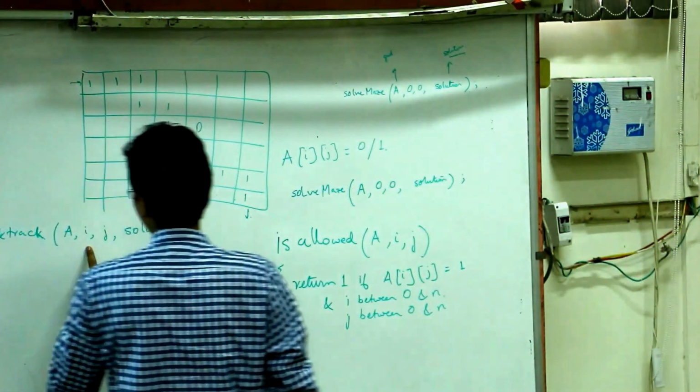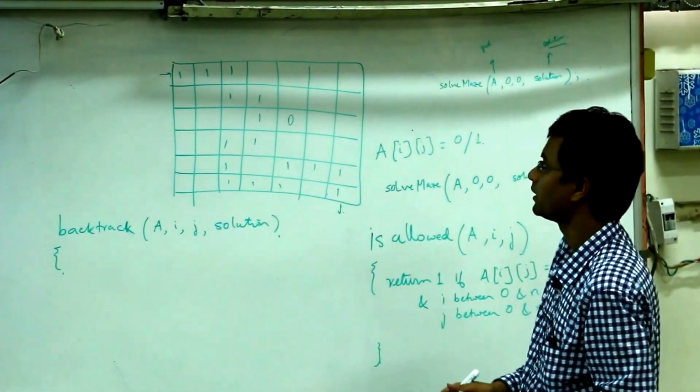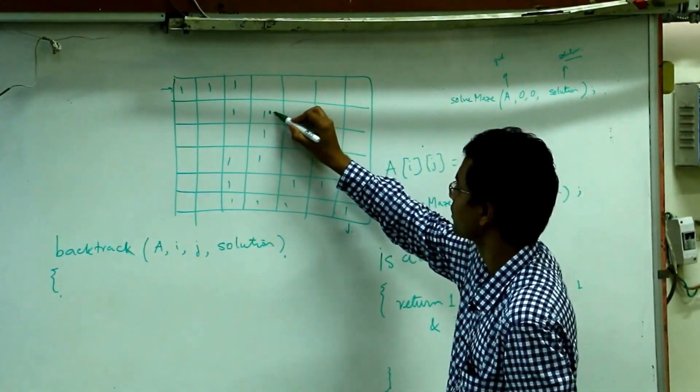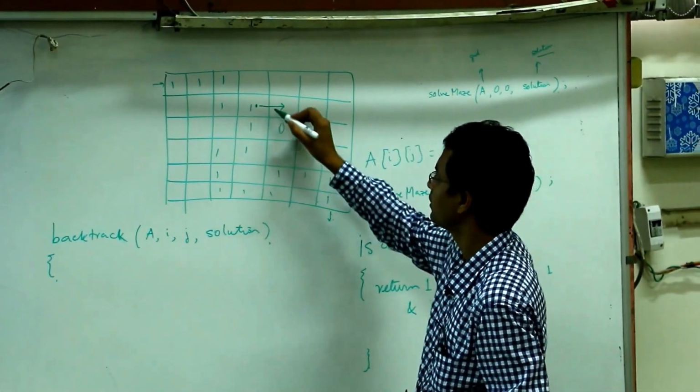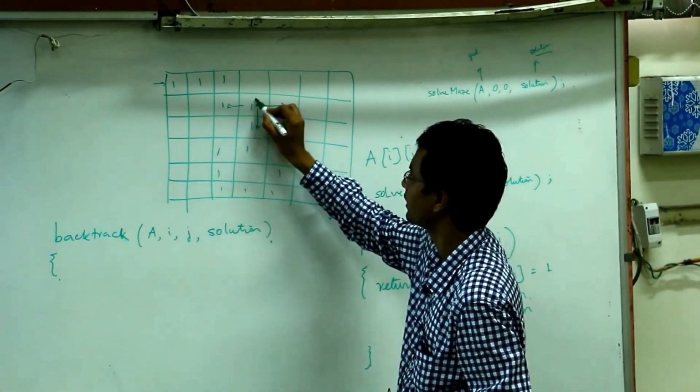It will be a recursive routine which will use Ij as parameter. Suppose I am at this point, I will try to explore maybe first right, then down, then left, and then up.